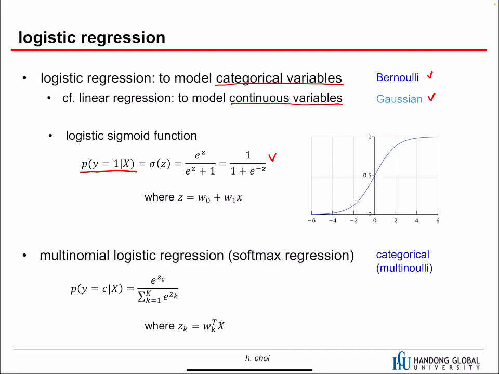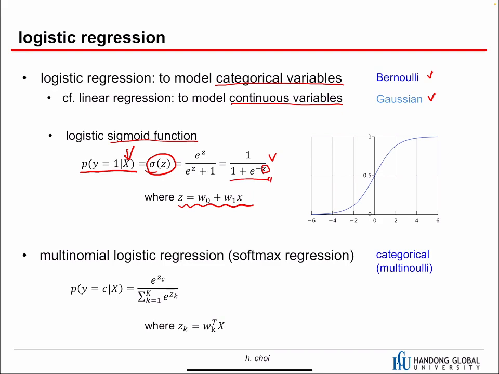So this is the probability of the output when the output is 1, okay, given input x. This one can be simplified by one function, which is a sigmoid function, and this can be defined in this way. And then this z is linear, or it could be a neural network with many layers, okay?